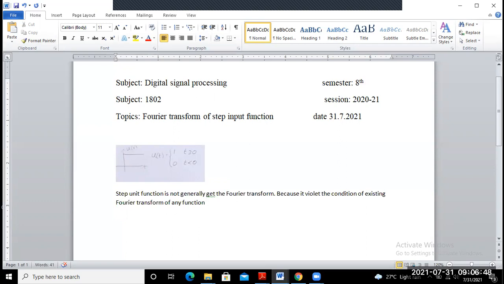But it can be represented near to the Fourier transform.